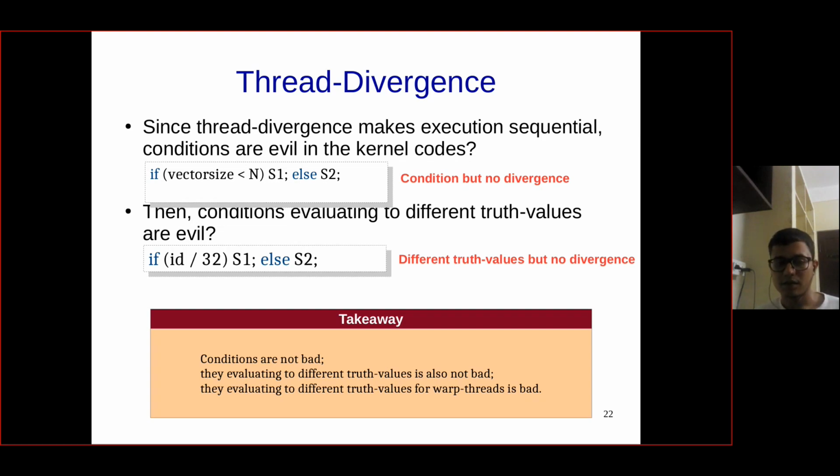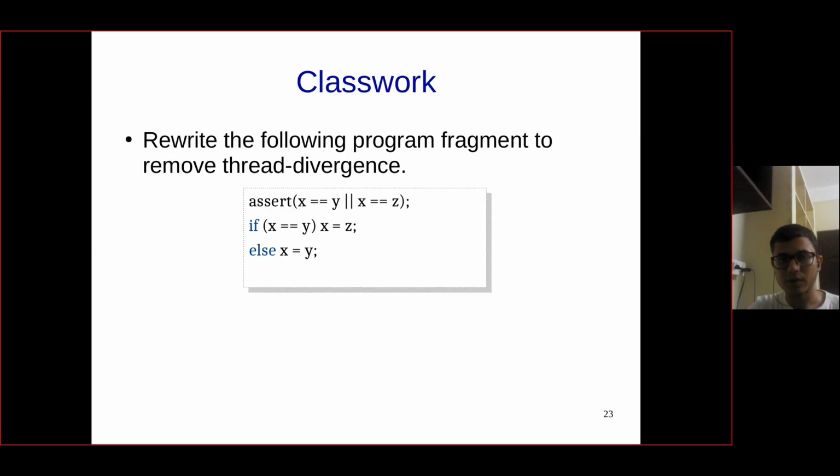The bad thing is conditions evaluating to different truth values for the warp threads. So if, among two threads which are within the warp, the condition evaluates to different truth values, then it will cause a thread divergence. So we should make a note of this point, and move forward.